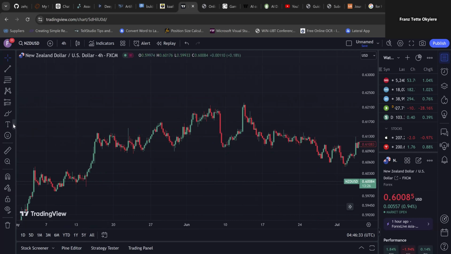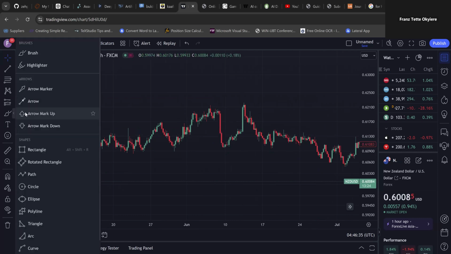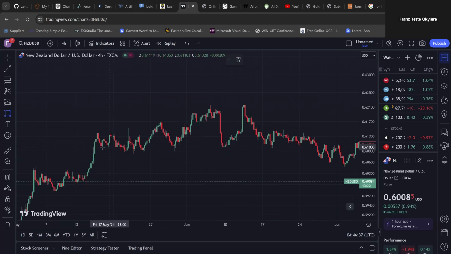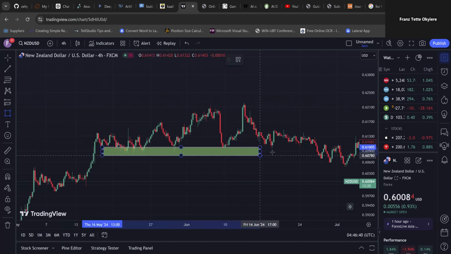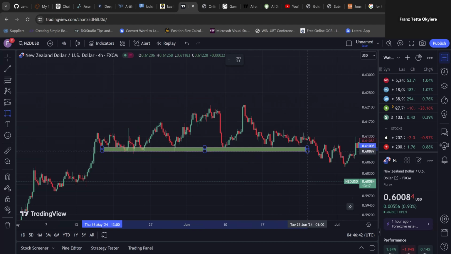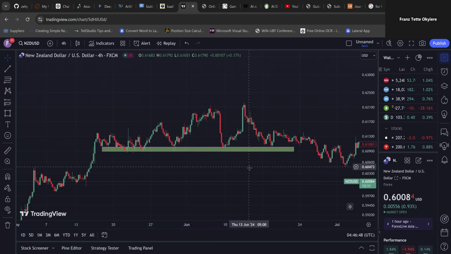I'm going to draw a rectangle. If I pick the rectangle tool, look down here. Clearly you can see there's a place where price always comes, as if it greets, says hello, then goes back, like a shoreline.